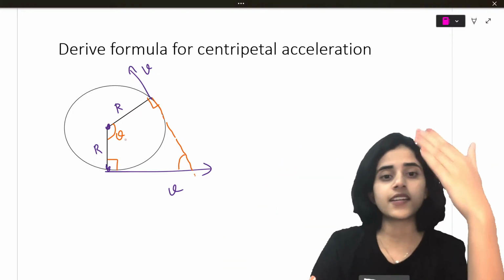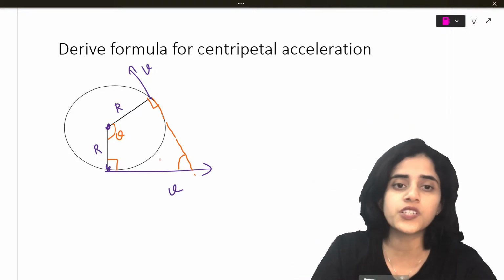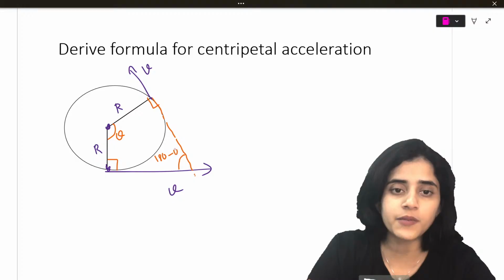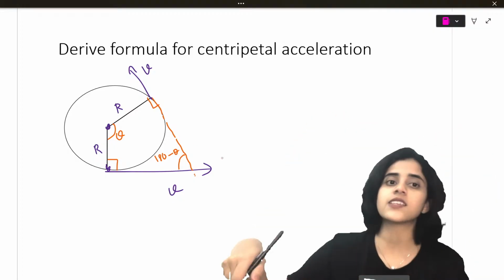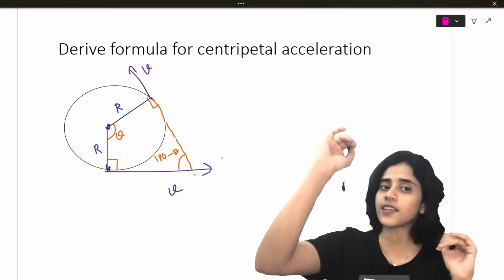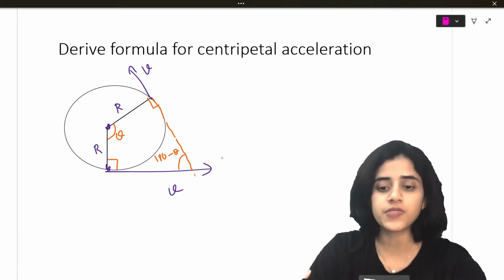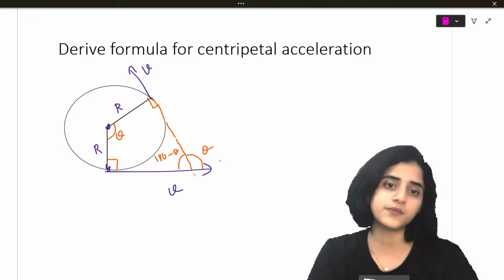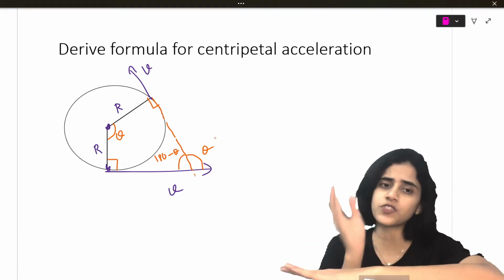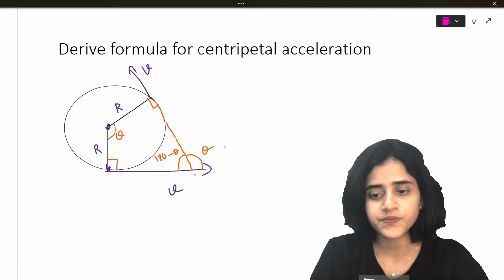So if this is theta, 90 and 90, then what should this angle be? Shouldn't this be 180 minus theta? Yes. So this whole thing is 360. The opposite angles are 90. So this angle should be 180 minus theta. If that is 180 minus theta, then shouldn't this be theta? Yeah, straight line, right? So if this much is 180 minus theta, the rest should be theta.